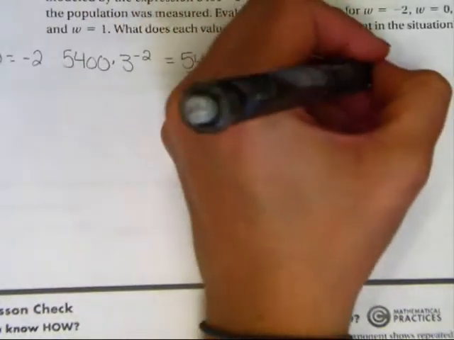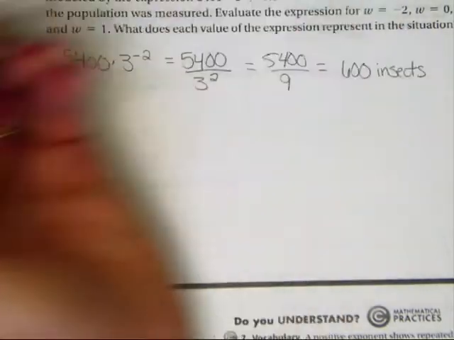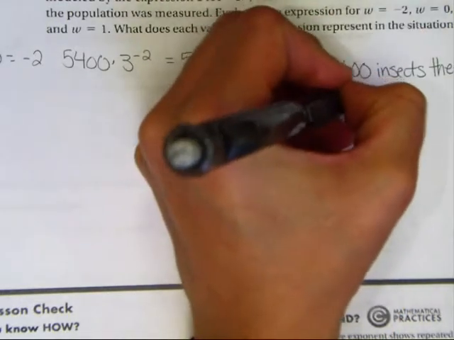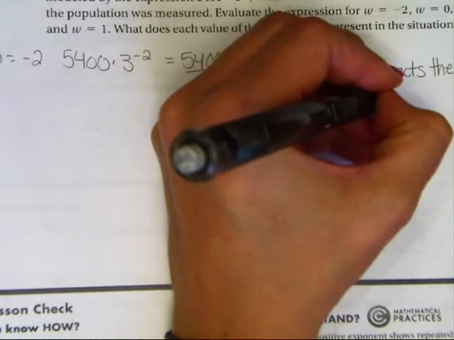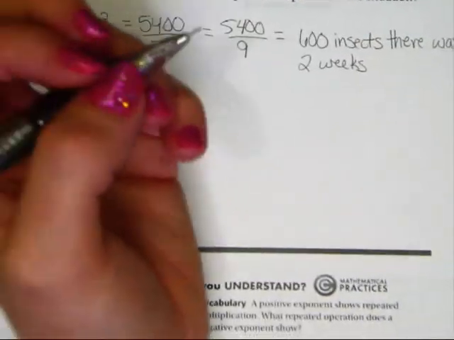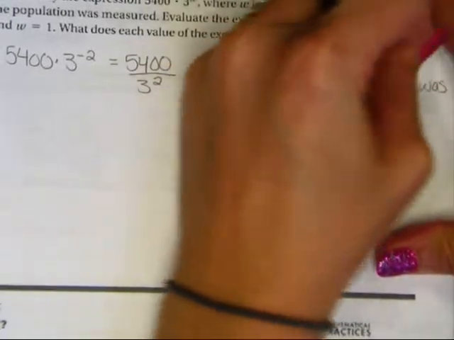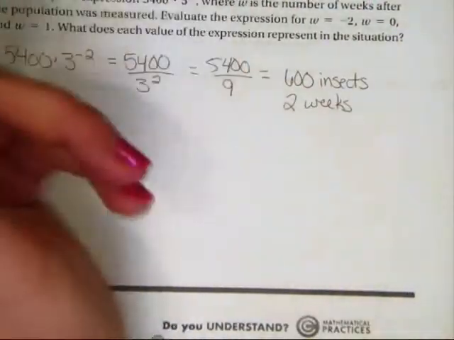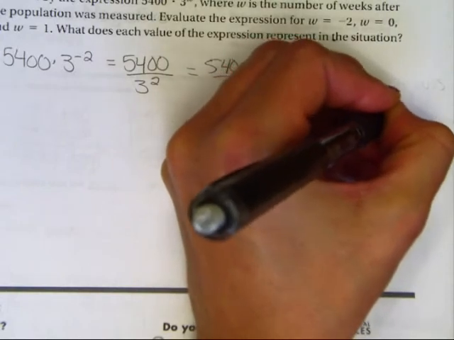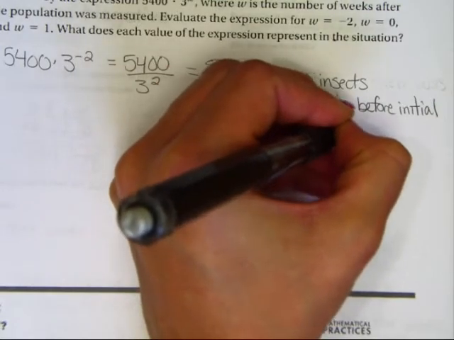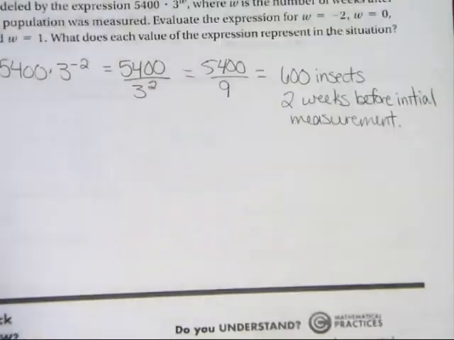Now, this is how many insects there were 2 weeks ago. This is really gross, isn't it? There were 600 insects 2 weeks before the initial measurement. That's because of the -2.